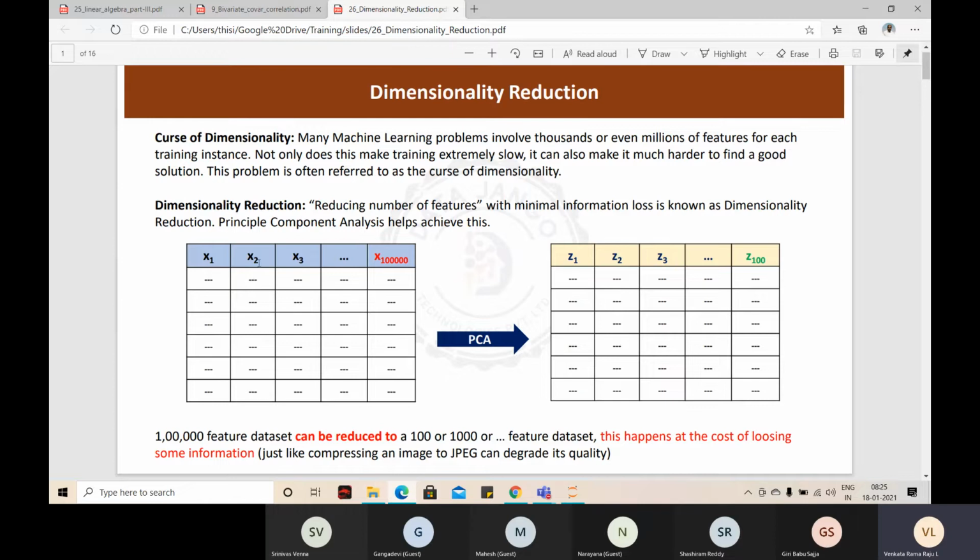So if x2 and x3 are 90% correlated, and you cannot eliminate one column and build a model and get the same accuracy as the original data, but there is a way to combine those two columns, or squeeze the essence from those two columns and create one column and get the same accuracy, that's going to be better.